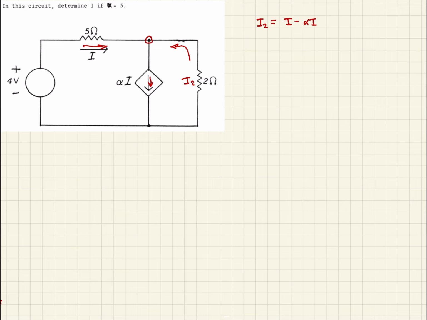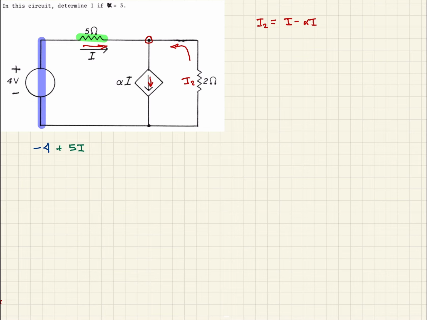Now that we have an expression for all the currents, let's see if we can use Kirchhoff's voltage law. In this case, we're going to start here and go around. The first thing we have is the voltage source. We hit the minus sign first, so that'll be a minus 4 volts. Next we come around and hit our 5 ohm resistor, so that's just going to be plus 5I voltage there.